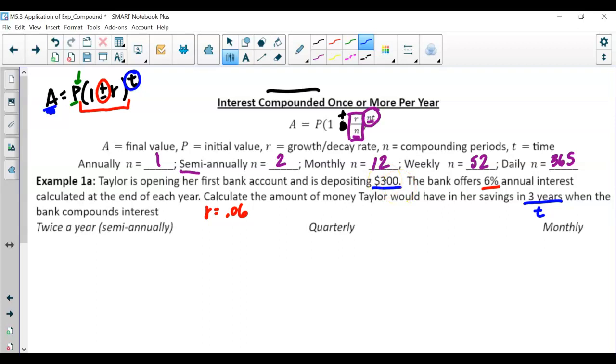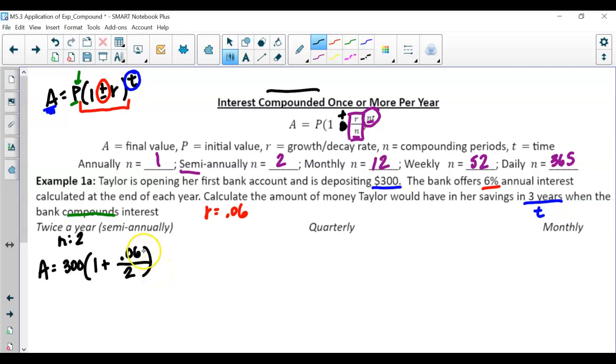But now, so you guys can see in practice when the bank compounds interest, here we go, compounding. Let's talk about how we would set up twice a year, semi-annually. If I see n or compound, I know I'm going to have an n value. So in this case, n is 2. A is equal to P times, so 300 times 1 plus, now we're going to have a fraction. Our rate's still 0.06, but now we divide by the n value, which is 2.